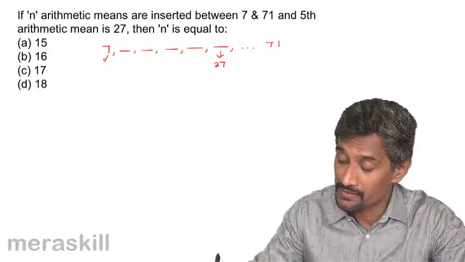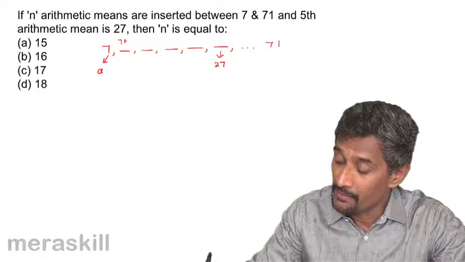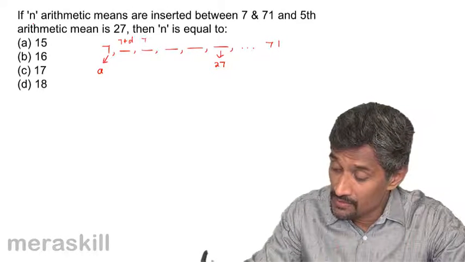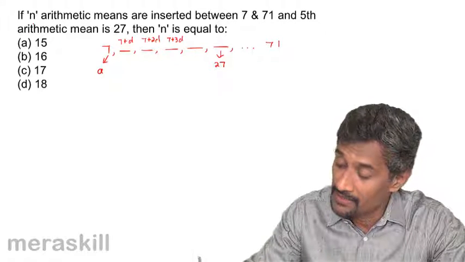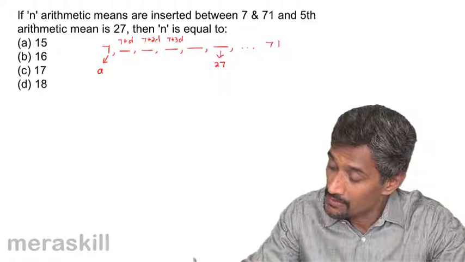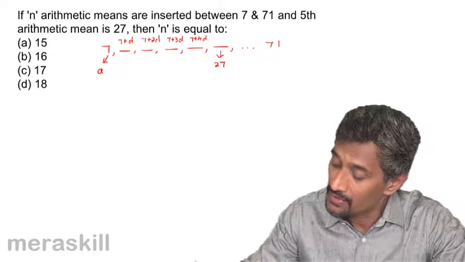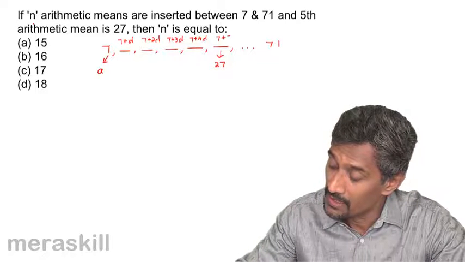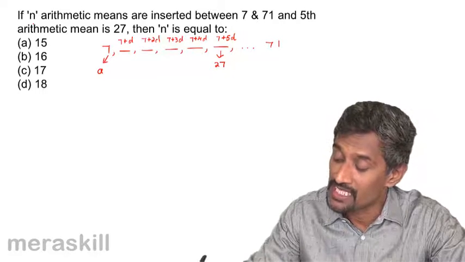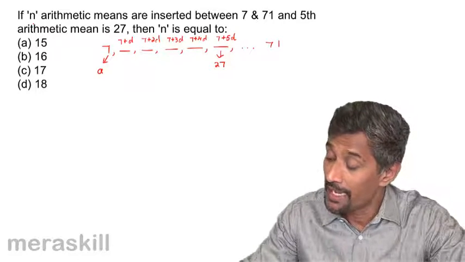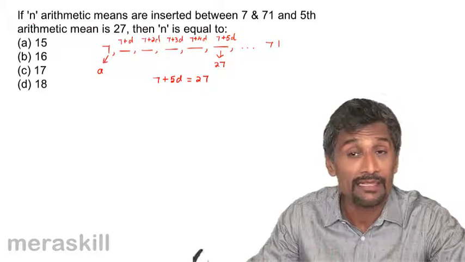So this is obviously A. This is going to be 7 plus D. This is going to be 7 plus 2D. This will be 7 plus 3D. This will be 7 plus 4D. And this would be 7 plus 5D, because each number is D more than the previous one. And this 7 plus 5D is given as 27.